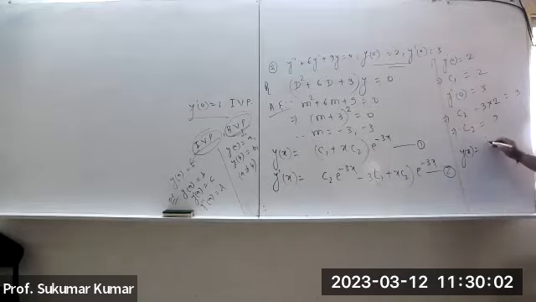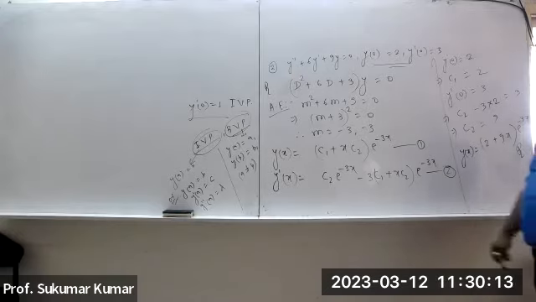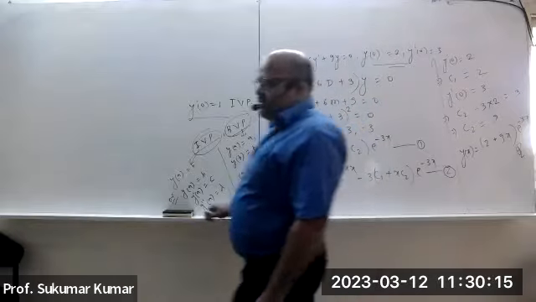So the solution is 2 plus 9x, e power minus 3x. Whatever condition is given, you apply it and find the constant values.